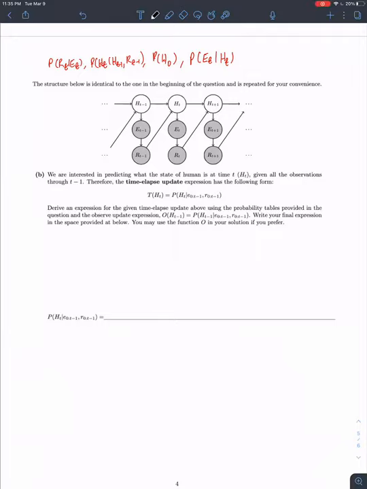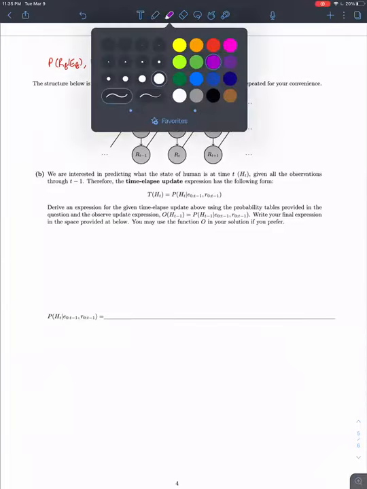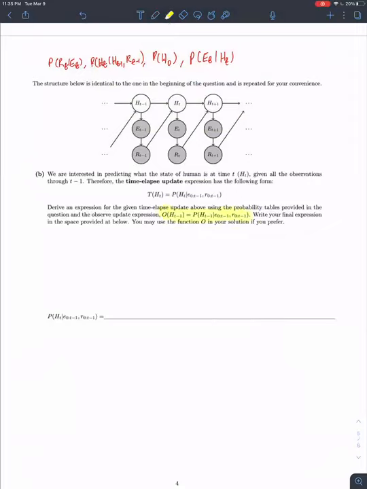We need to use the observe update equation, this O of HT minus 1, right? So let's try and write it in terms of that.